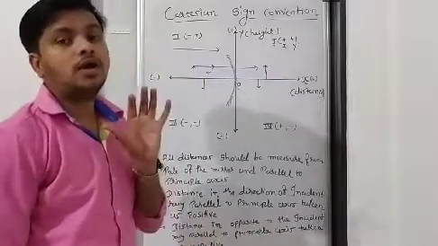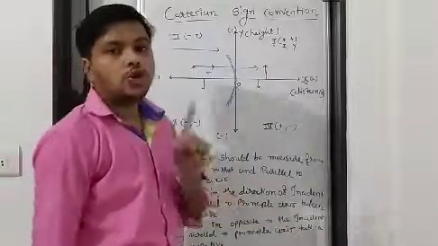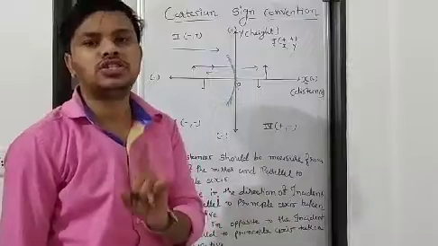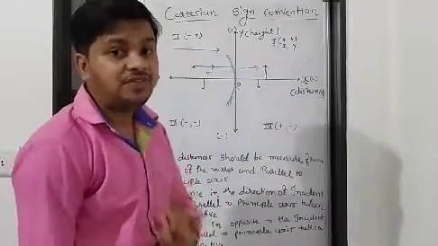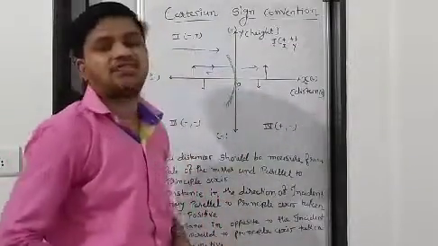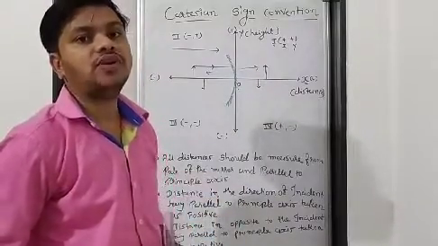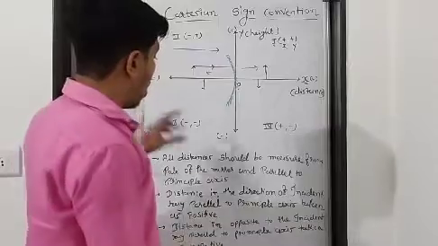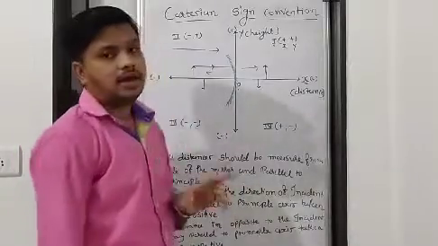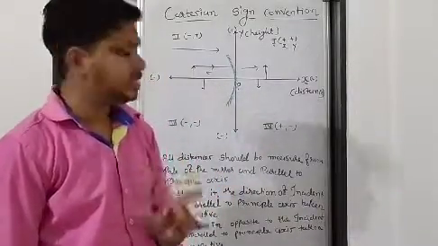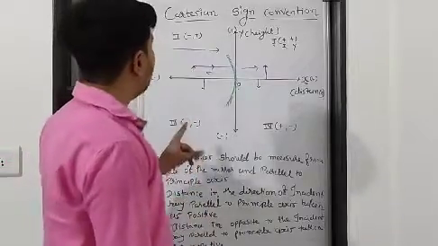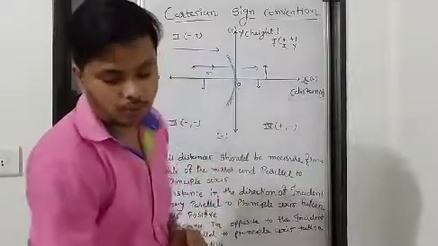So the actual law is that you have to take a distance as positive if it is measured in the direction of the incident ray. All the distances in the direction of the incident ray should be taken as positive.